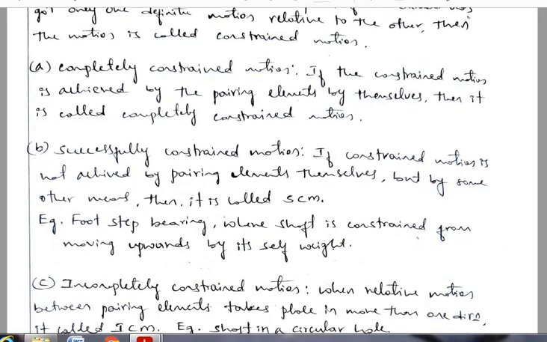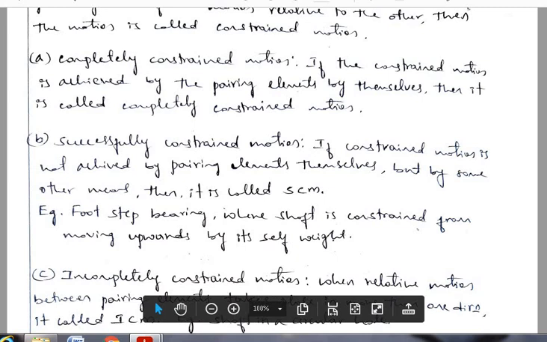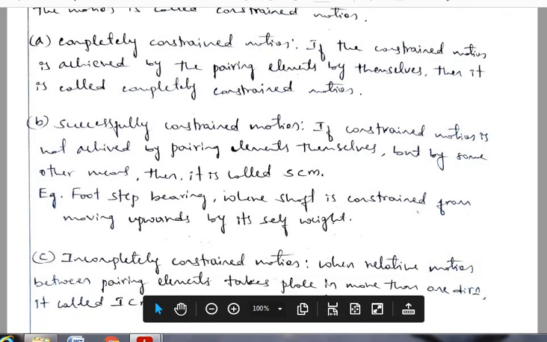Next we have successfully constrained motion. If constrained motion is not achieved by pairing the elements themselves but by some other means, then it is called successfully constrained motion. We can take the example of a footstep bearing, where the shaft is constrained from moving upwards by its own self weight.